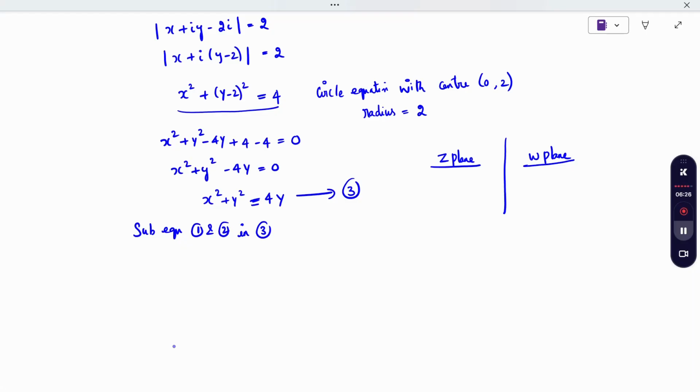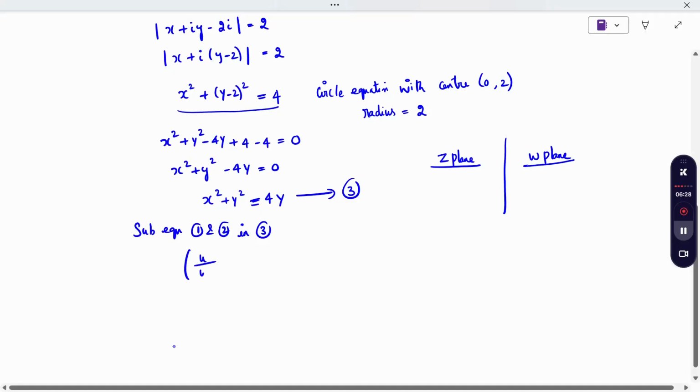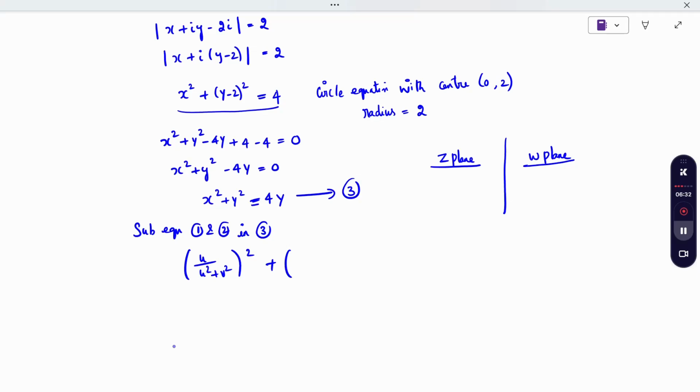Substitute x squared. It is nothing but u by u squared plus v squared, the whole squared, plus minus v divided by u squared plus v squared, the whole squared, equal to 4 times y. It's nothing but minus v divided by u squared plus v squared.